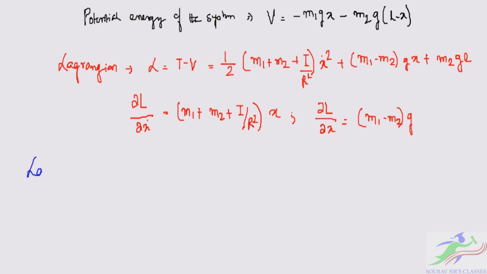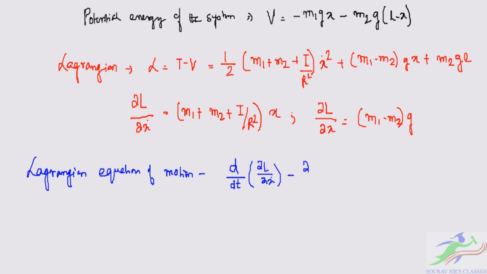So the Lagrangian equation of motion is d by dt of del L by del x dot minus del L by del x equal to 0.